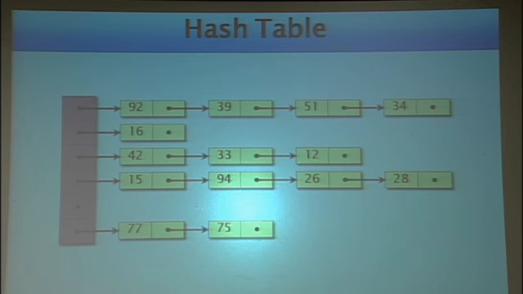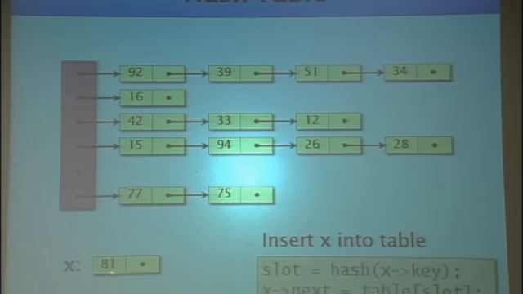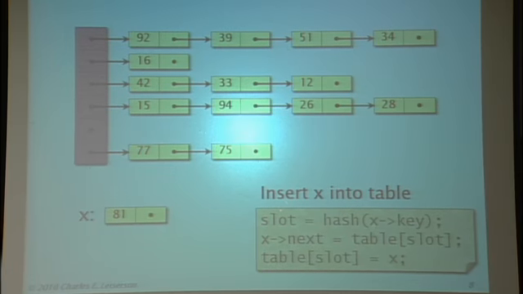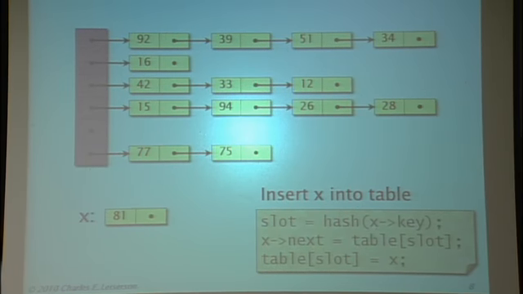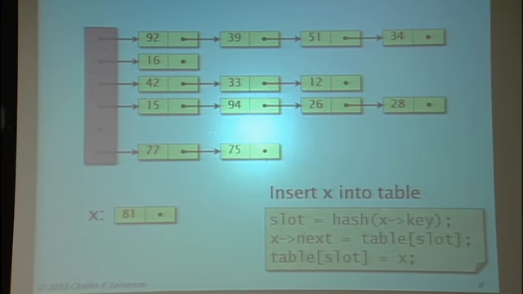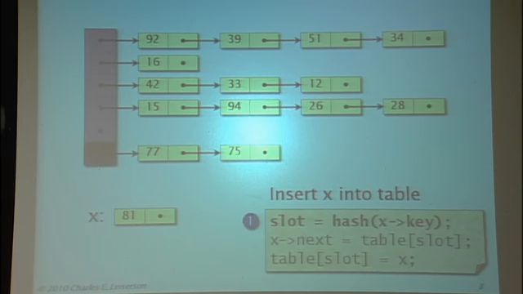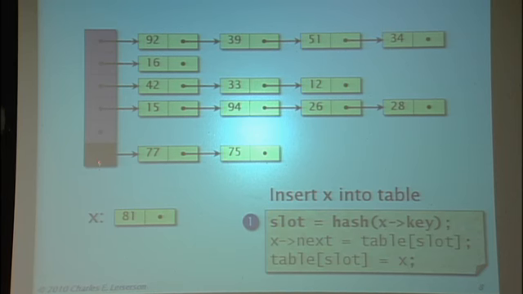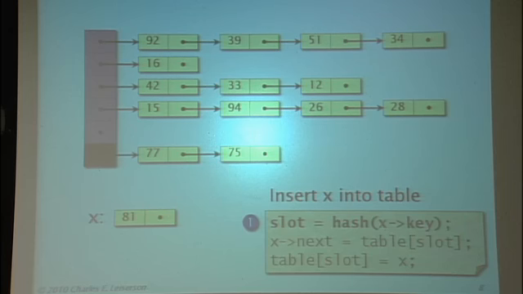If I have a value x, let's say it has key 81, and I want to insert x into the table, I first compute a hash of x, and let's say it hashes to this particular list here. Then I say, let me insert x into the table.